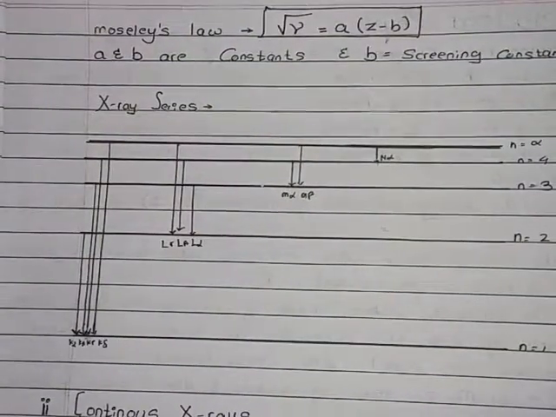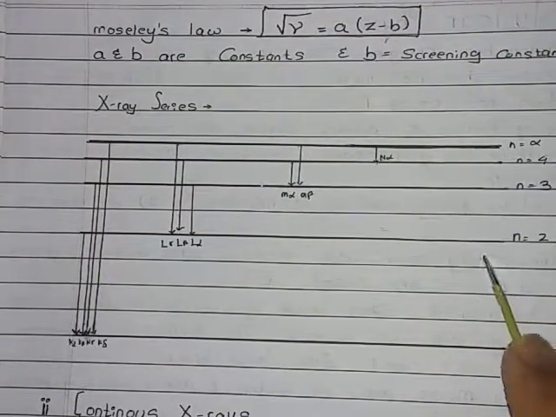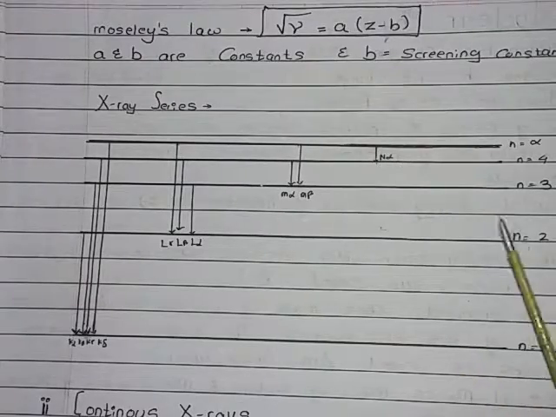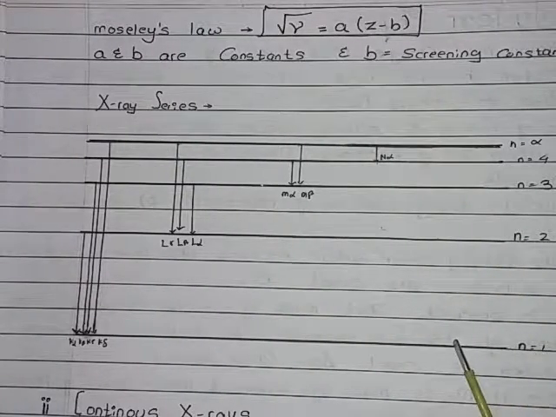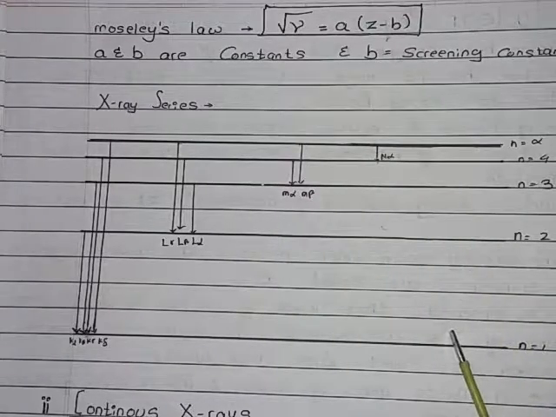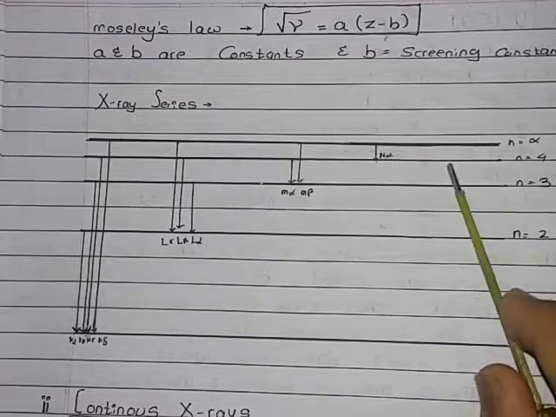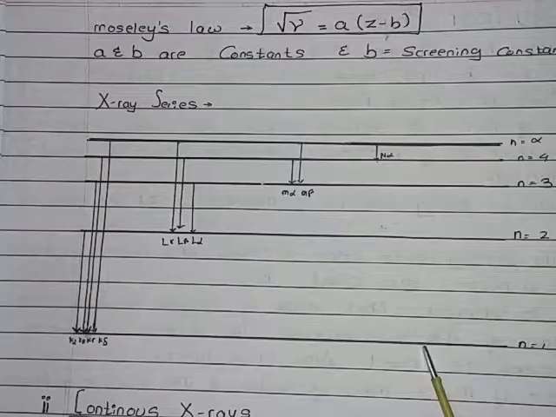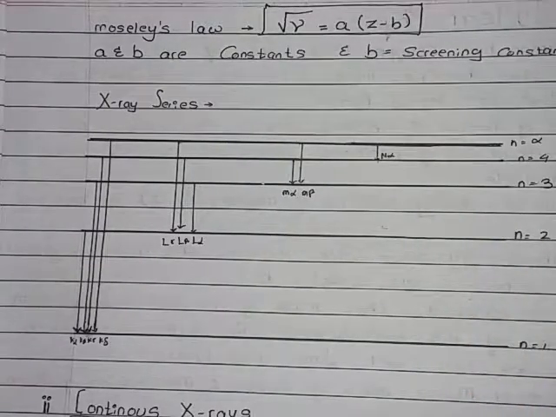That is simply, if it comes from the second orbit to the first orbit, it's K alpha. If from the third orbit to the first orbit, it's K beta, and from the fourth to the first it's K gamma, and so on till infinity.